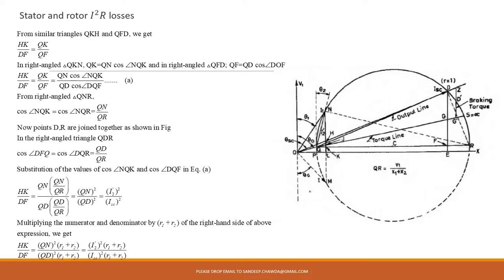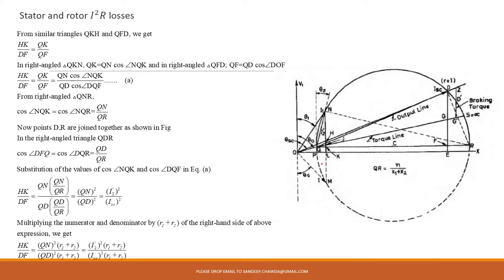So what we will do is consider similar triangles. One will be this Q, K and H, the smaller one. And we are going to take another triangle, which will be Q, F, D, this bigger one. Two triangles we are going to take here: one is QKH, another one is QFD.